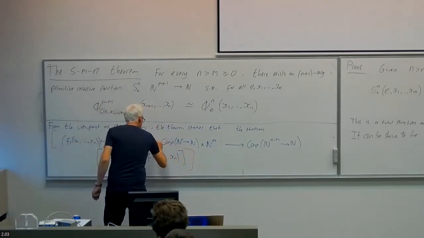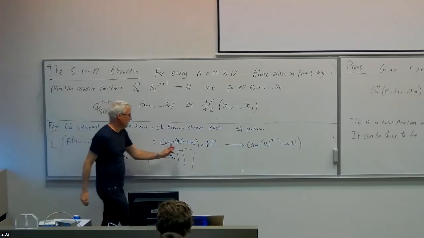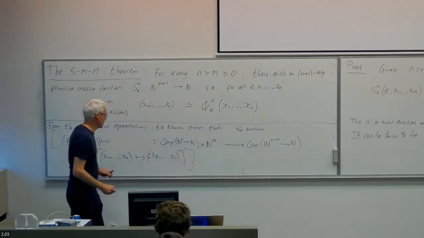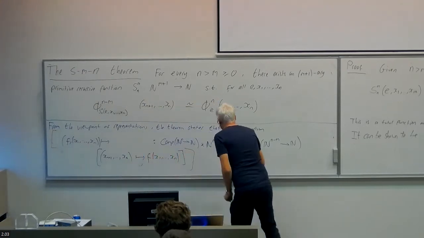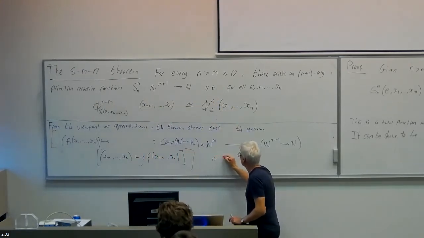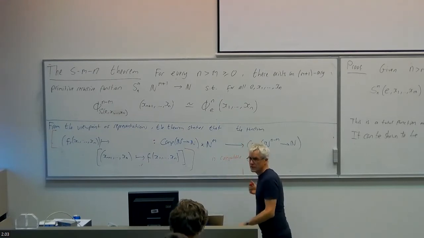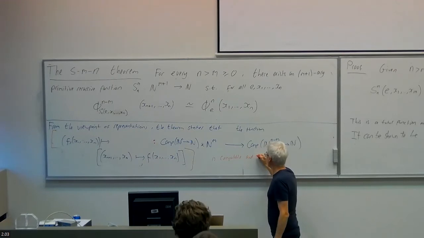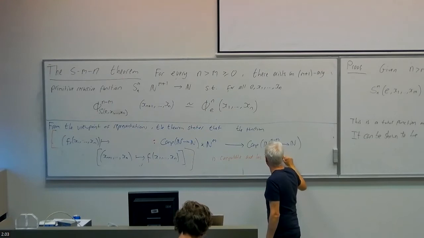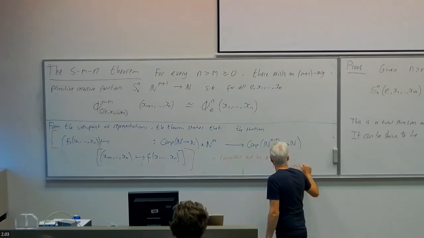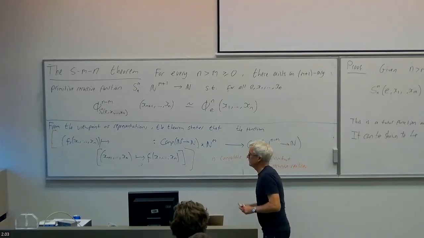There should be a colon here because it's a function from this set to this set. And it's saying that this function is computable as a function of represented sets and has a primitive recursive realizer. Okay.